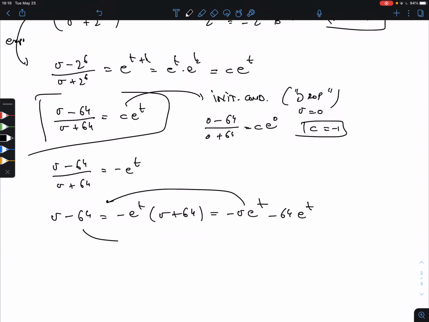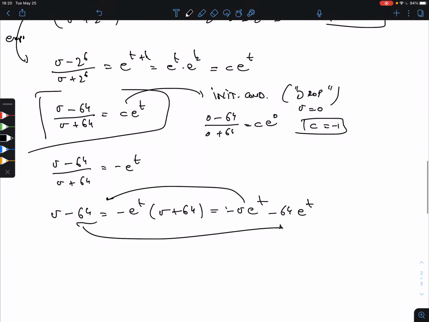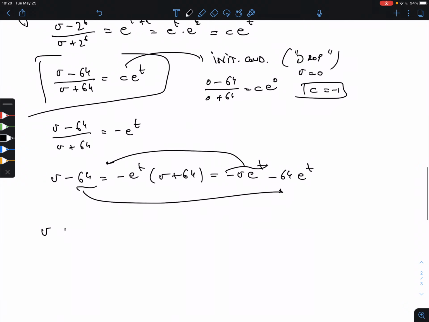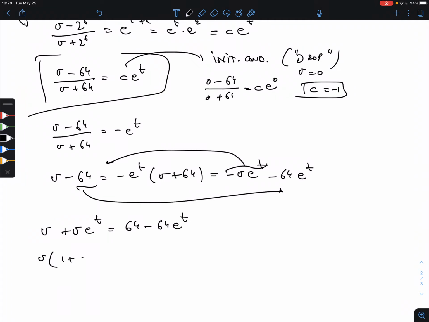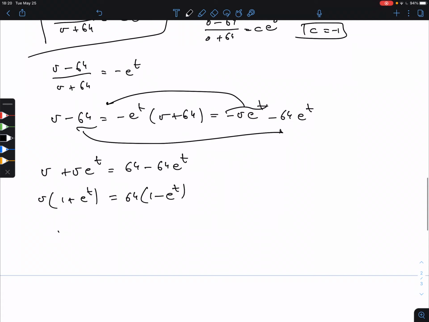Bring the v to that side and this 64 there, so you get v plus v e to the t equals 64 minus 64 e to the t. Here I can factor out the v: v times 1 plus e to the t equals 64 times 1 minus e to the t. And so finally v is equal to 64 times 1 minus e to the t over 1 plus e to the t. Okay, this is our velocity.